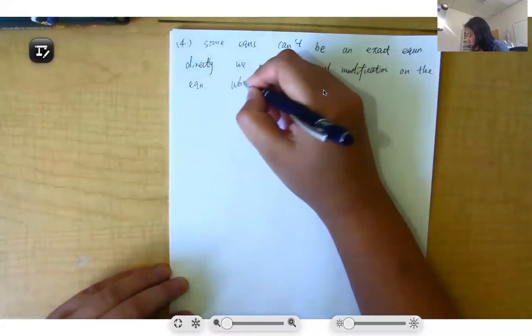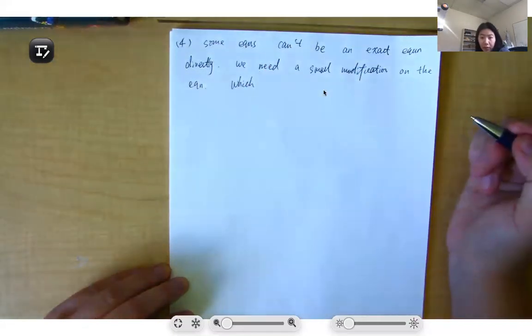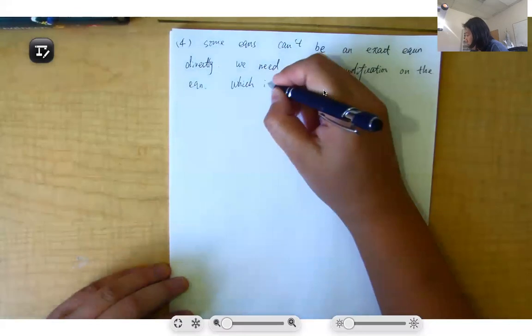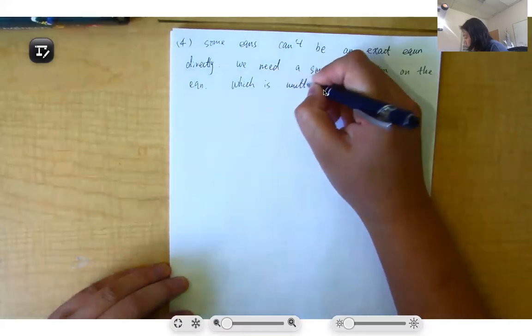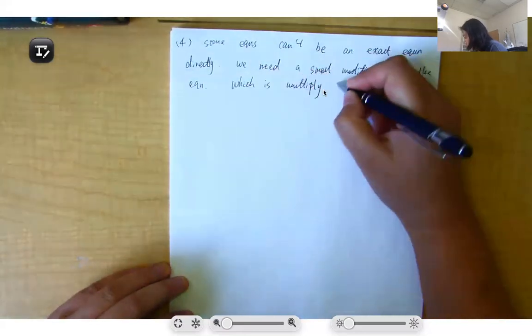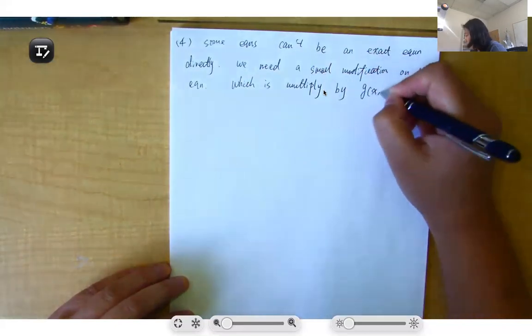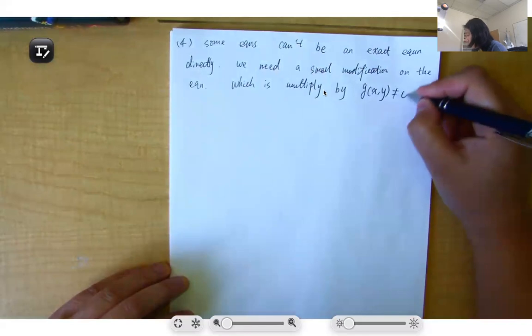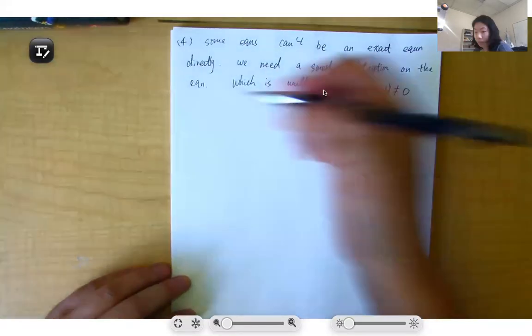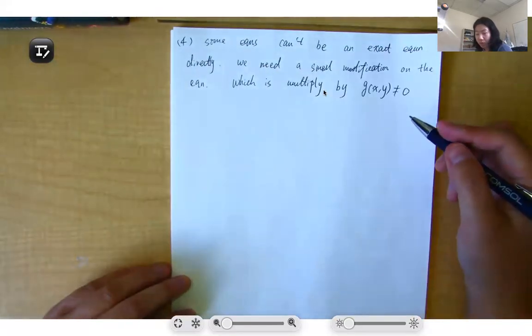What is this small modification we mean? Which is multiplying by some function g(x,y), which is not 0, and this function is called the integral factor.